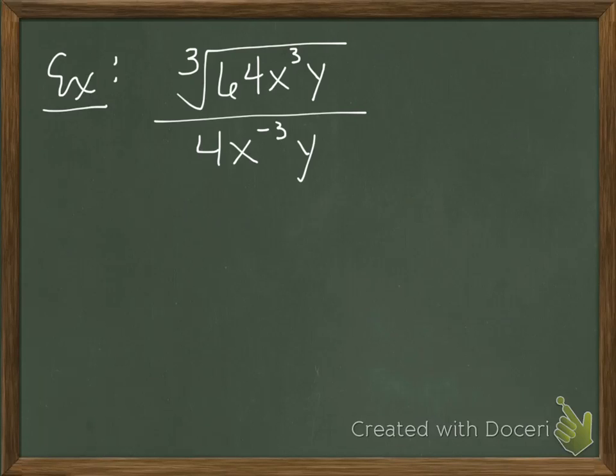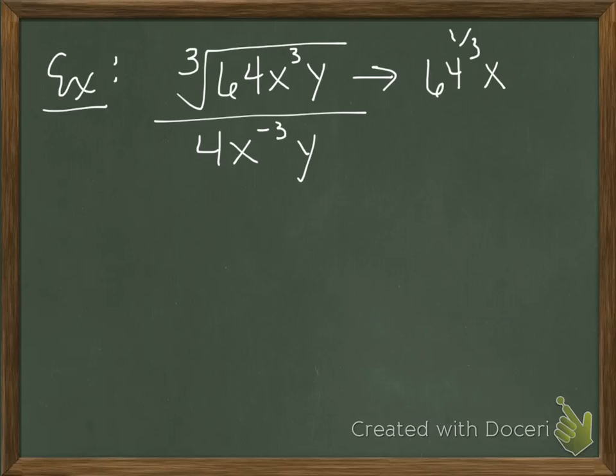And then probably the most complicated problem, I think, in the whole workbook assignment page is this problem. We're going to simplify it by dealing with the top, and then once we have the top simplified, we're going to subtract the exponent since it's a division problem. So let's start out by changing the top. This is 64 to the 1/3.